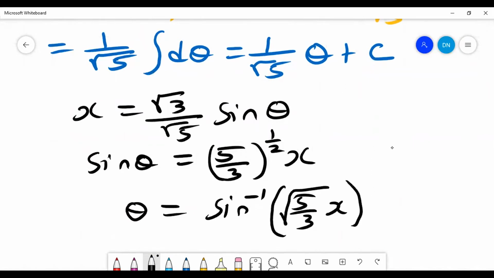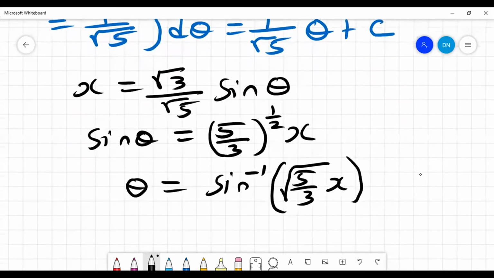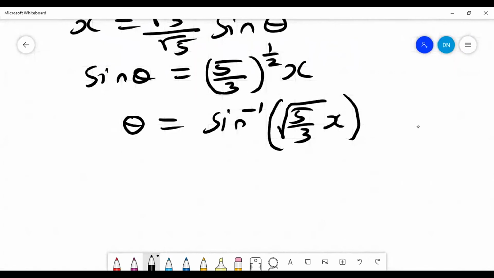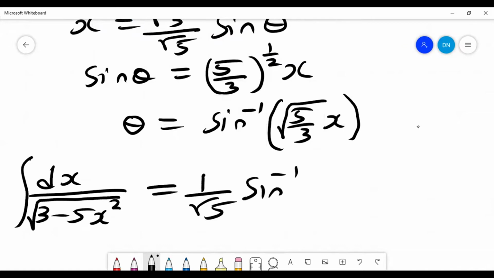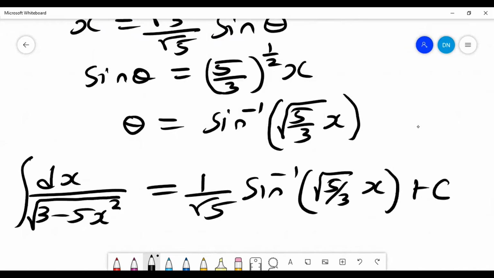And then I can substitute that into the equation. And therefore, I can comfortably say that the solution for my equation, the integral of dx over 3 minus 5x squared, is equal to 1 over root 5 sine inverse of square root of 5 over 3 x plus c.